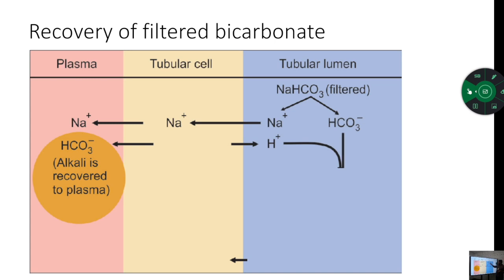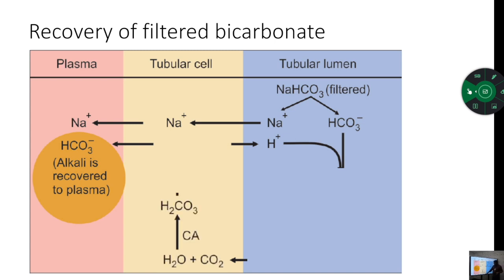So the first reaction is the filtration of sodium bicarbonate. After every filtration through the glomerulus, we have some amount of sodium bicarbonate in the tubular lumen. This filtered sodium bicarbonate dissociates into sodium and bicarbonate.